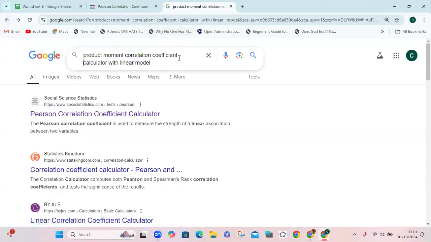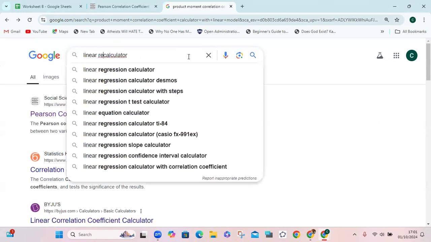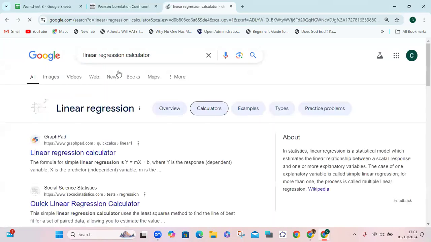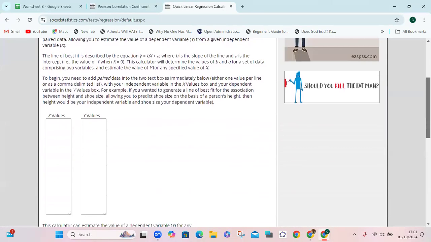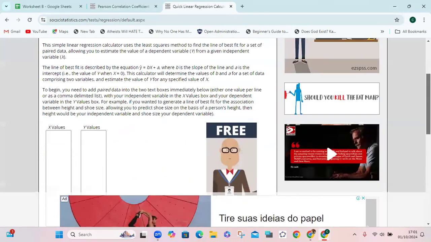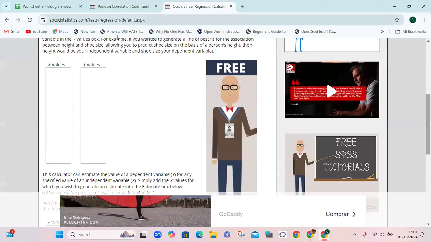Or we can just type linear regression calculator. There it is. You can click on this one. It's the very same one we're using there, but this one will give you the linear regression calculator.